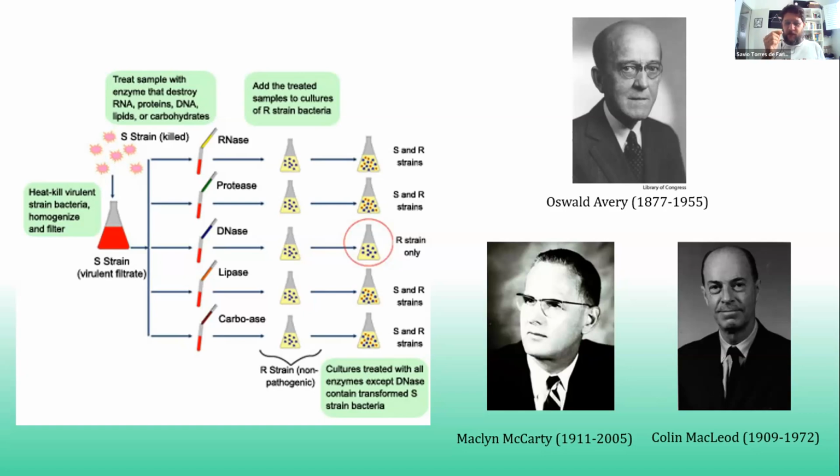This step was very important to conclude that the DNA was the hereditary material in biological systems, because they degraded the major biological molecules one by one, and only when they degraded the DNA did the biological compounds lose the power to transform the bacteria. This was the first evidence that DNA was the genetic material.